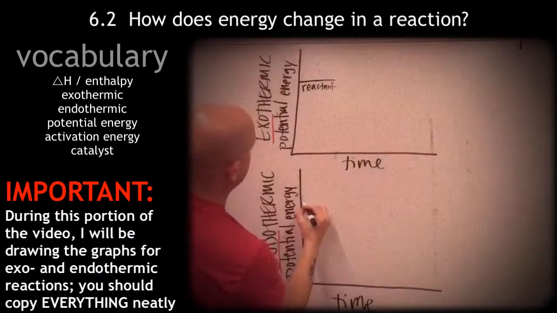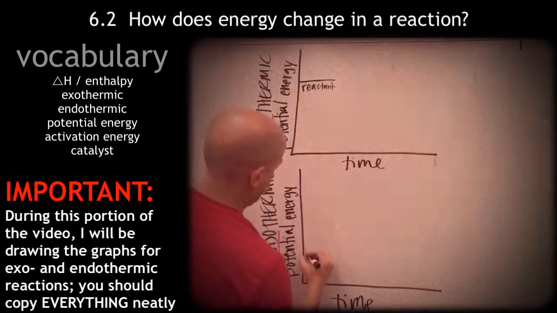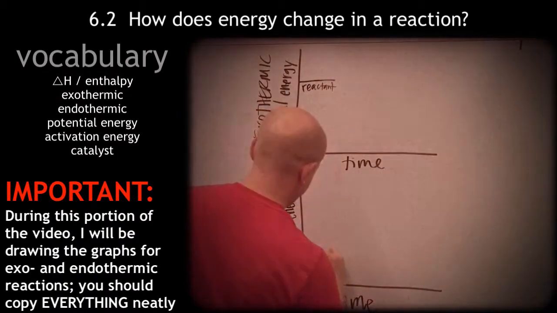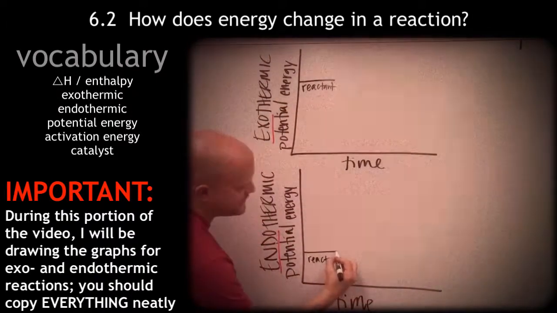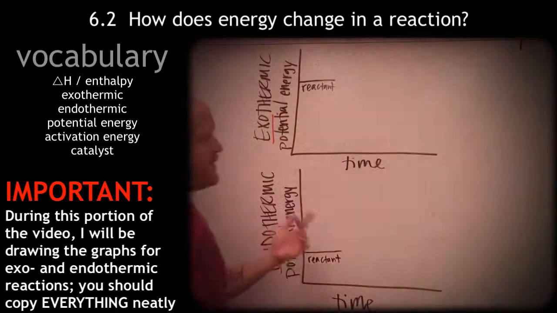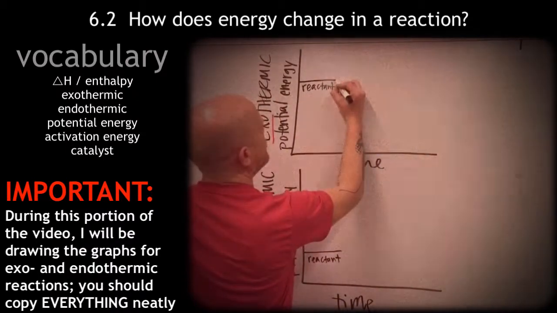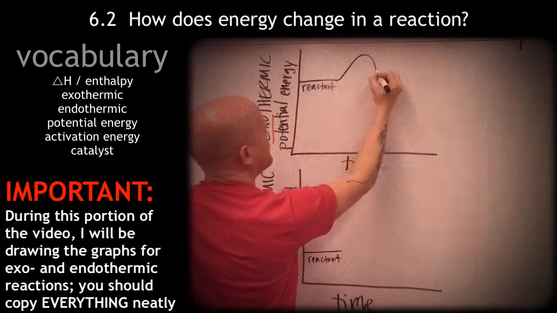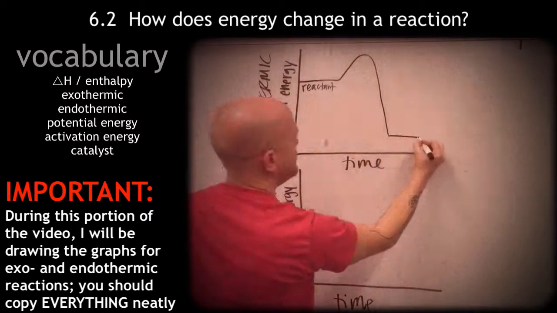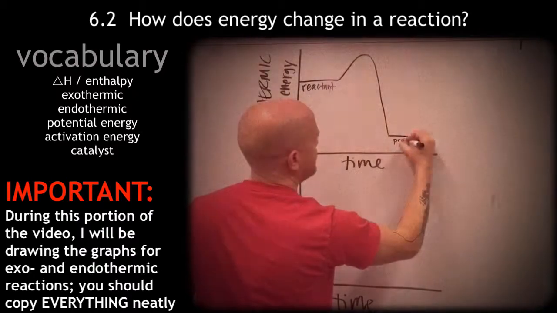Do another one here. So we have the reactant, and over time, there's going to be a reaction that's occurring. So over time, what's happening is a little bit more energy is required, and then it gives off energy. And this is the product.